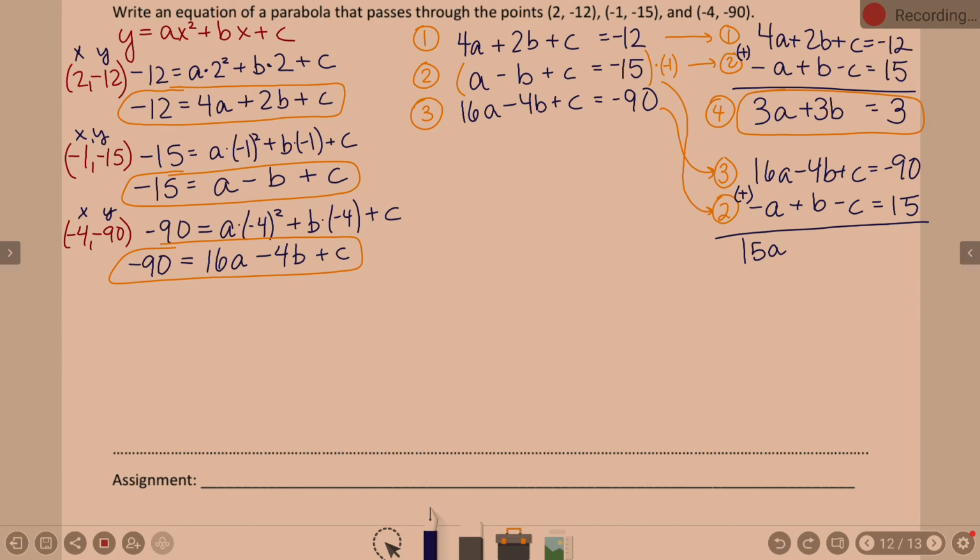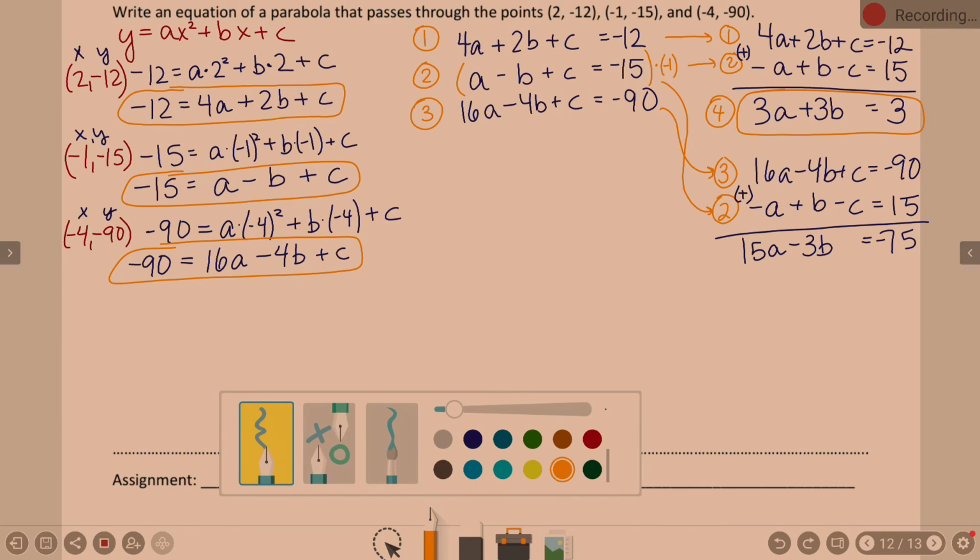Negative 4b plus b is negative 3b. C and negative c cancel. Negative 90 plus 15 is negative 75. Okay. And I'm going to call this equation 5.